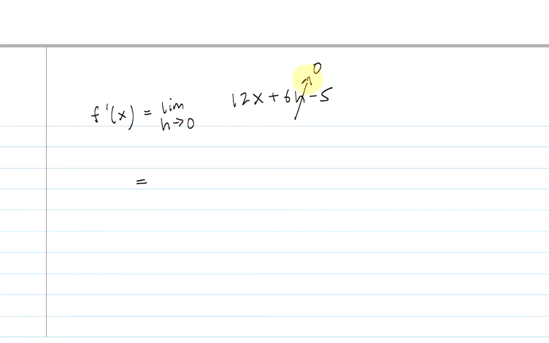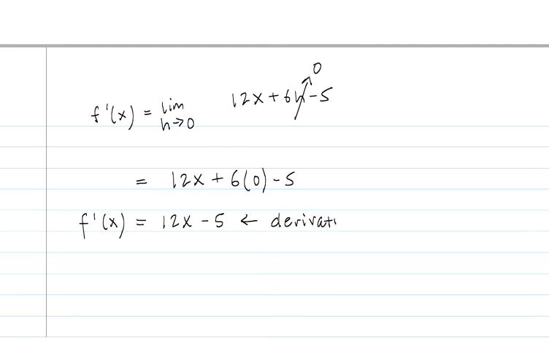If we let h go to 0, we essentially have 12x plus 6 times 0 minus 5. As we know, 6 times 0 just equals 0, and so this simplifies to 12x minus 5. So we would say that the derivative of f of x is 12x minus 5, the derivative being the slope of the tangent line.